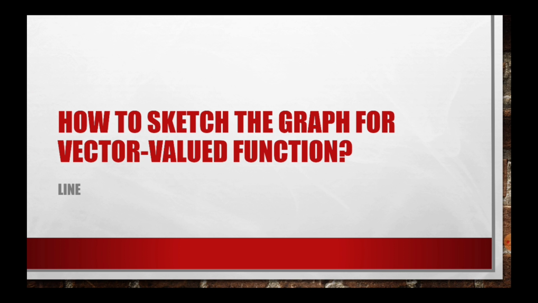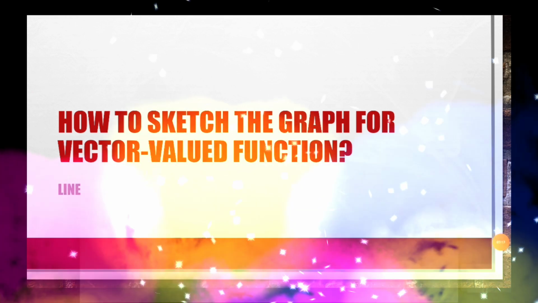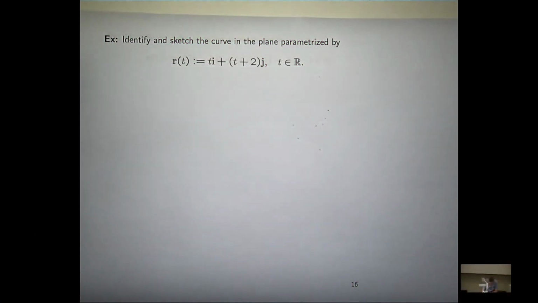Okay, this one is an example for a line. Two ways of doing this. There's the way that was just suggested, where you eliminate the t, or you can actually go straight to it.